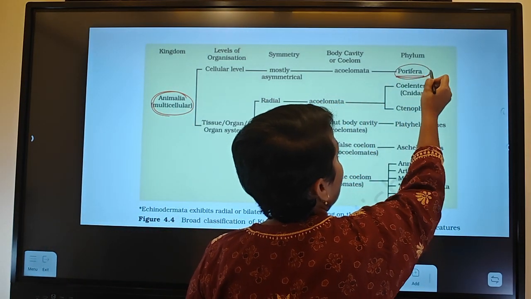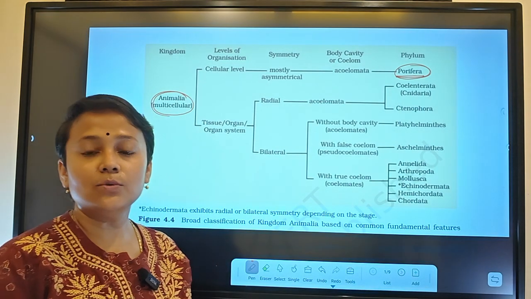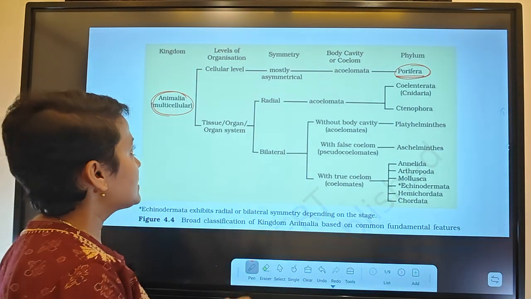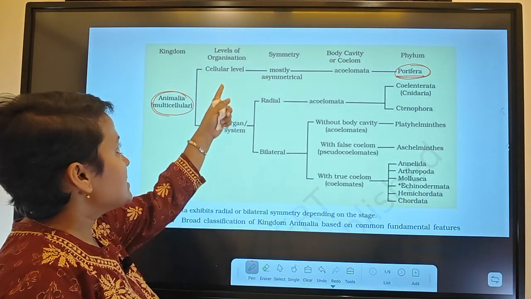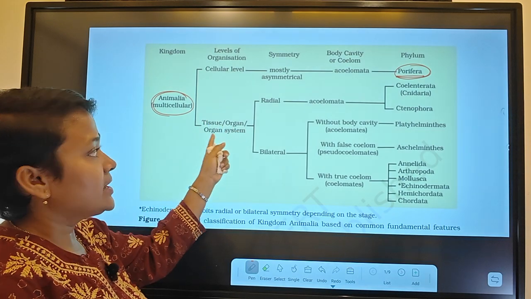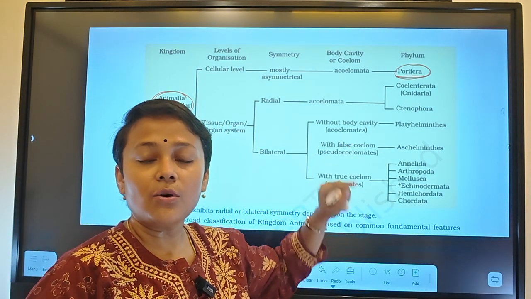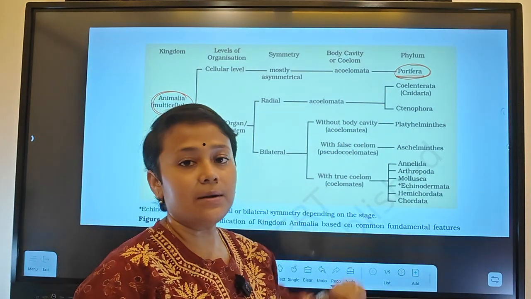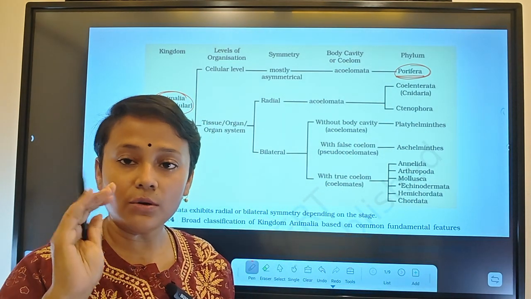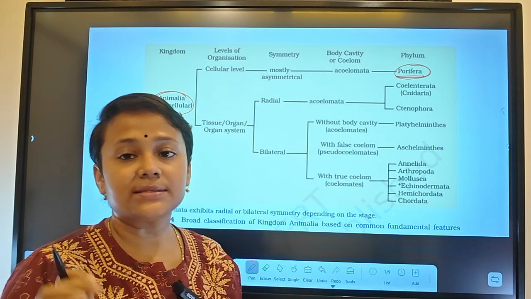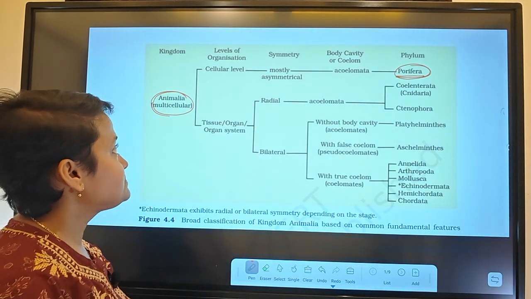Only Porifera has the cellular level of organization. Secondly, all other than Porifera belong to the tissue, organ or organ system level of organization.